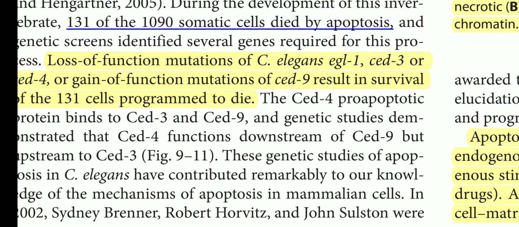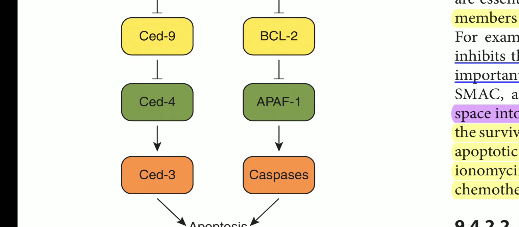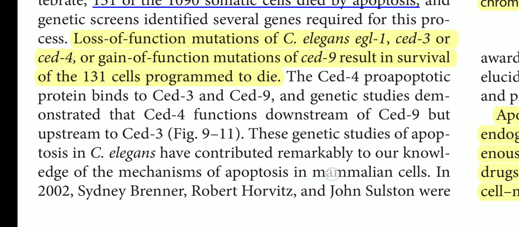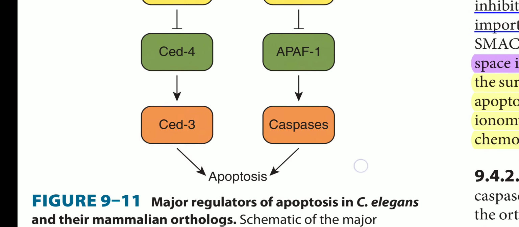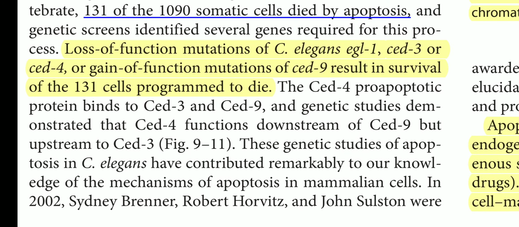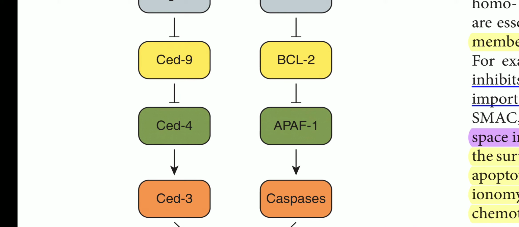Similarly, if CED-3 gets activated, there is also apoptosis. If CED-4 is activated, it leads to apoptosis. For a gain-of-function mutation of CED-9, if it gains its function, it will suppress CED-4, so no apoptosis will occur.